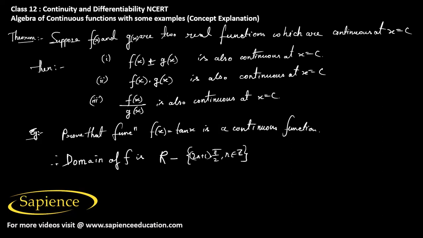So odd multiples of pi by 2 we should not take. Since tan x equal to sin x by cos x, it implies that cos x should not be equal to 0. It means x should not be equal to 2n plus 1 pi by 2, where n belongs to z.